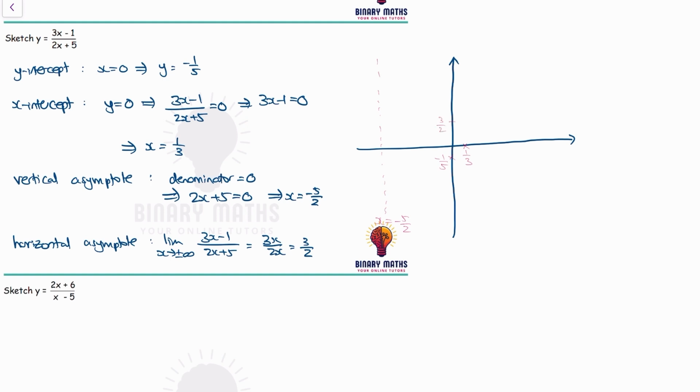So 3 over 2 somewhere here. y equals 3 over 2 is my horizontal asymptote. So now looking at this, I can clearly see my graph will look something like so. And the other part of my graph will be in this part of the graph. So that would be it.